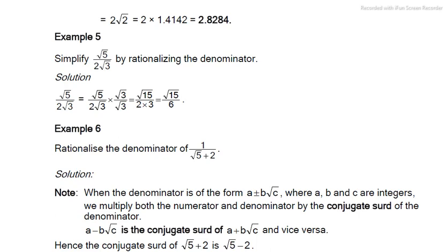When we look at our example 6, which tells us to rationalize the denominator of 1 over root 5 plus 2, this time round it is a bit different. This time round we shall get what we call the conjugate of root 5 plus 2. The conjugate is where we change the sign.